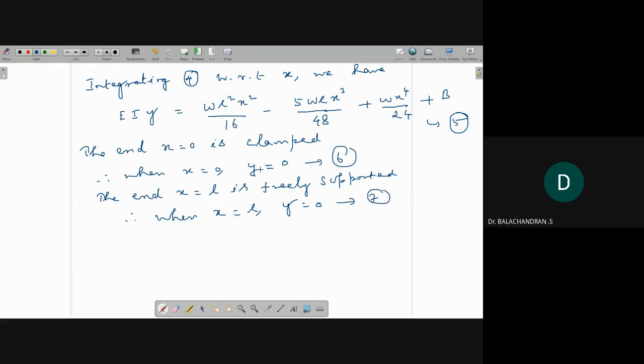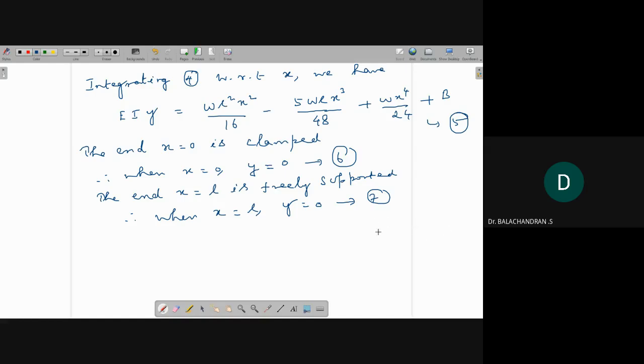Now, okay. My question is, if I apply either 6 or 7 in 5. Suppose if I apply 6, this is 0, 0, x 0, x 0, we will get B equal to 0. If I apply 6, what happened if we apply 7 here? This is 0.